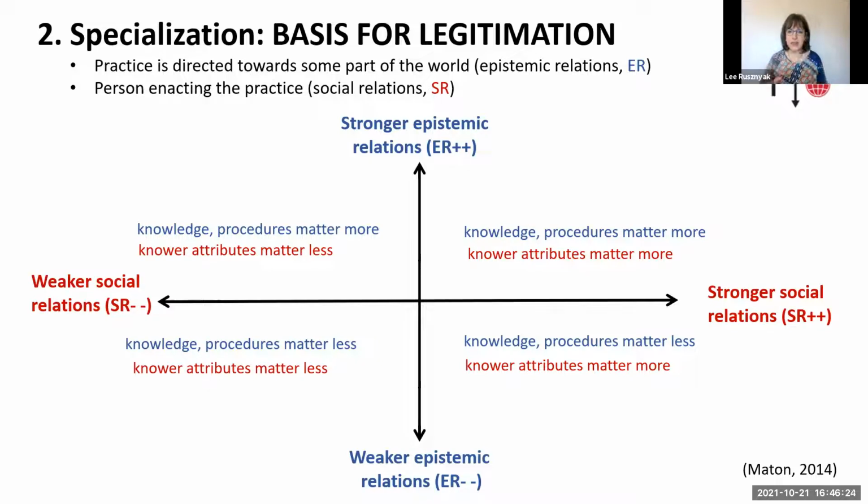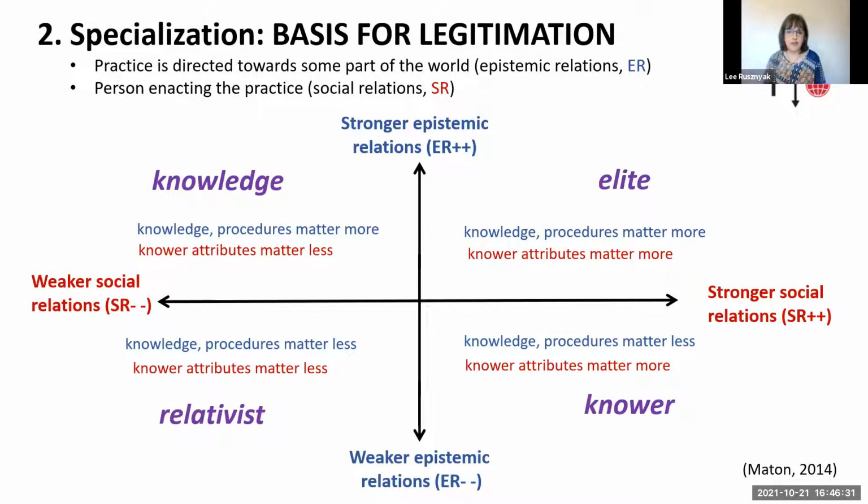And so what this does is it sets up four analytically distinct parts of the specialization plane, and the legitimation codes give a different basis of legitimation. Where the knowledge and the procedures are emphasized as the basis of achievement, and at the same time the knower attributes are not emphasized, then we call that a knowledge code.